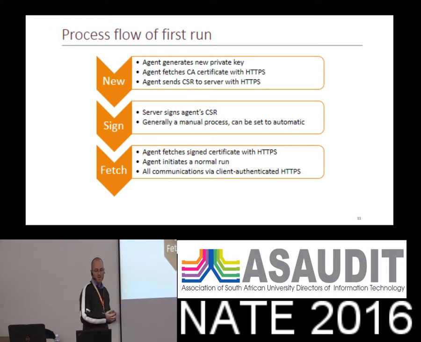So the agent generates a private key. It fetches the CA from the server, and it sends its certificate signing request to the server. Then the server has the option of automatically signing that key. If you are in a locked down, entirely personally managed environment, say in HPC, and you know for a fact the only machines that will ever connect to that Puppet server is yours, enable automatic signing. You know what you're getting yourself into.